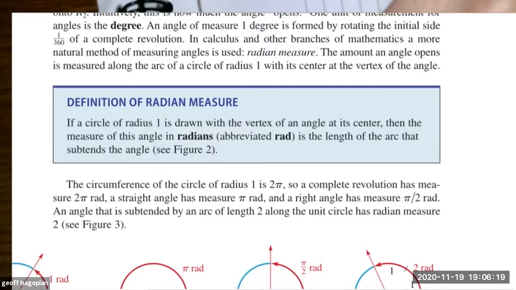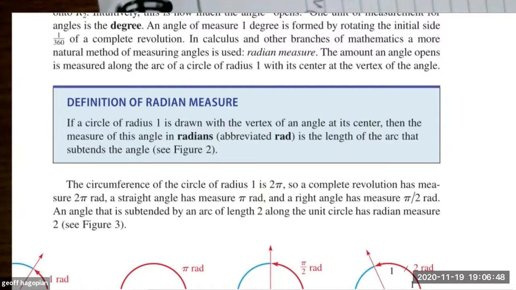The radian measure of an angle subtended by an arc A.